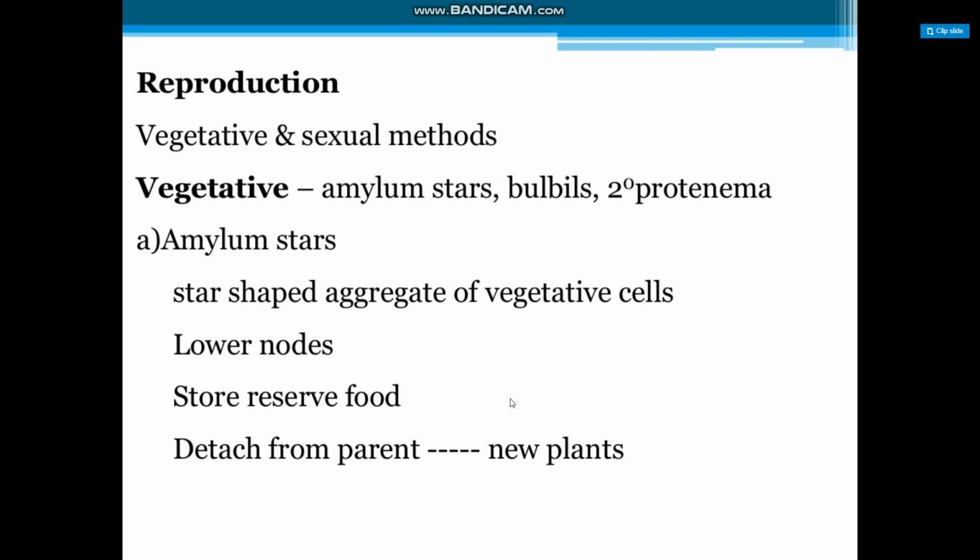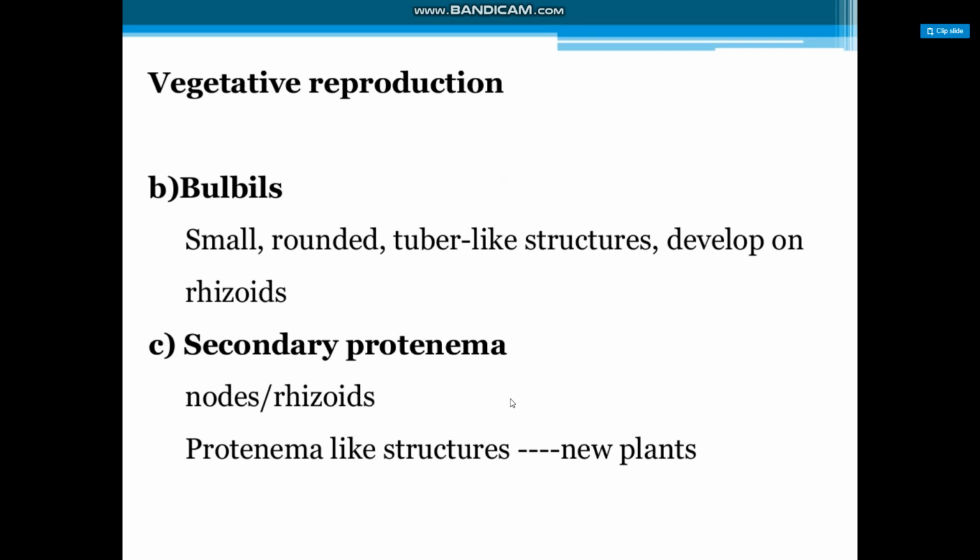Vegetative reproduction occurs by amylum stars, bulbils, and secondary protonema. First is the amylum star: a star-shaped aggregate of vegetative cells on the lower nodes that stores reserve food, detaches from the parent and makes a new plant. The second type is the bulbil: small, rounded, tuber-like structures that develop on rhizoids.